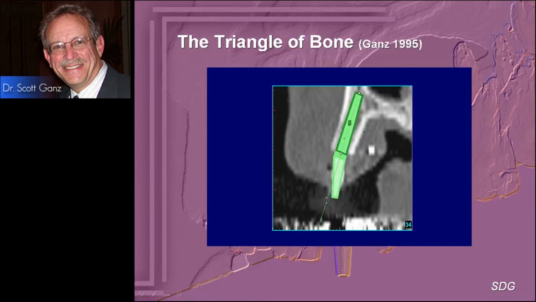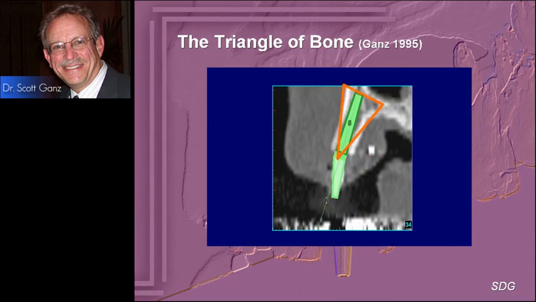And as this technology has evolved, through this article that came out and was originally published in 1995, I was able to describe this zone, this triangle of bone. The widest base of the triangle represents the widest available bone that we have here in this cross-sectional view. The apex of the triangle is where the crest of the ridge should be bisected.